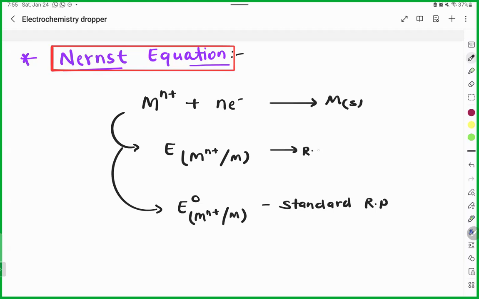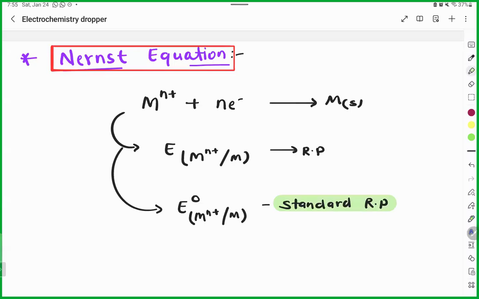Answer is, in standard reduction potential we compare with the hydrogen. In standard reduction potential we compare with the hydrogen always. That's why we call it standard, because it is always compared with the hydrogen.